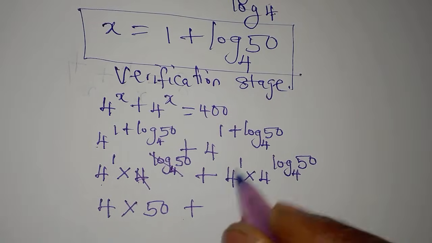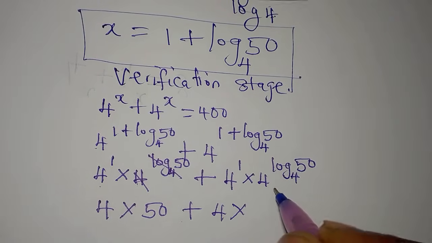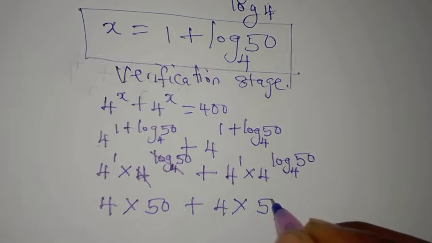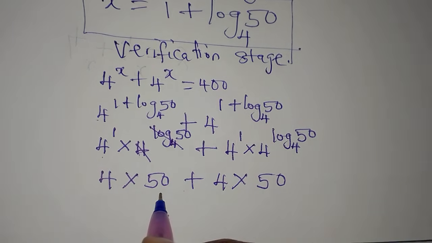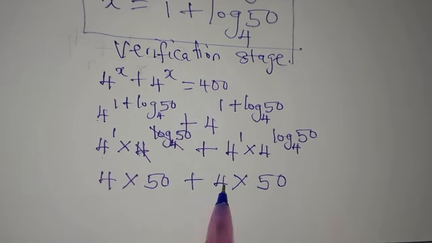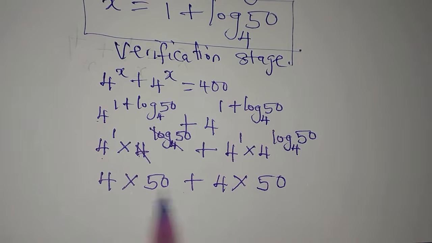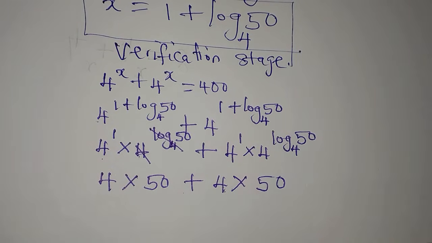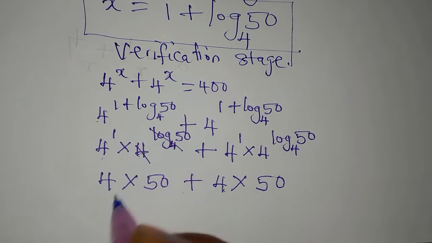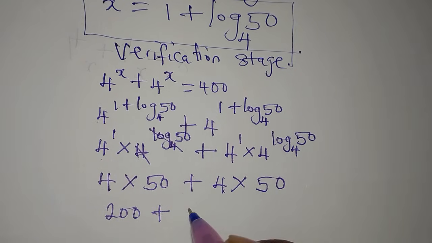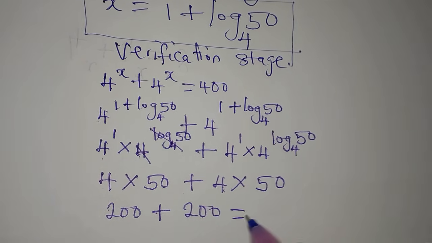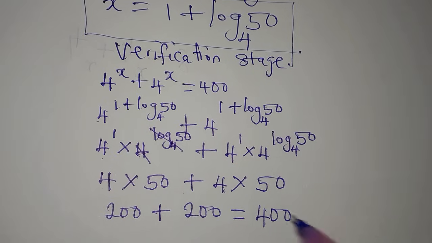Then plus here again, 4 to the power of 1 is 4, then times the whole of this will give us 50. Now the next point: do not add before you multiply. Multiply first and then you can add the results. 4 times 50 is 200 plus 4 times 50 again, another 200, and this is equal to 400.